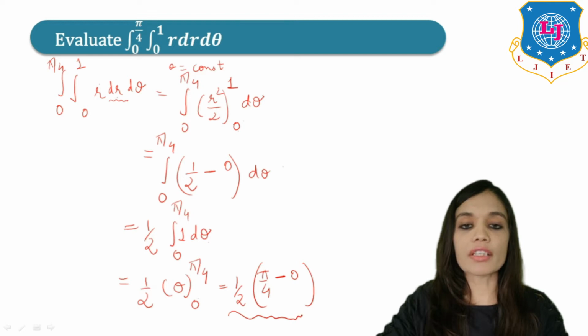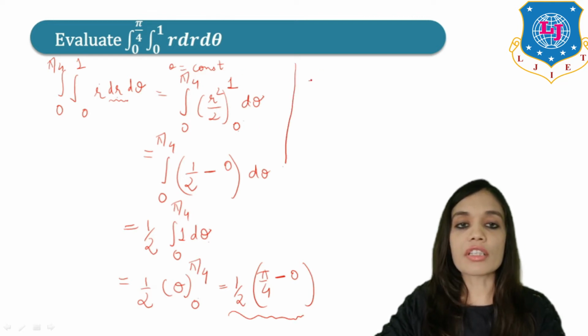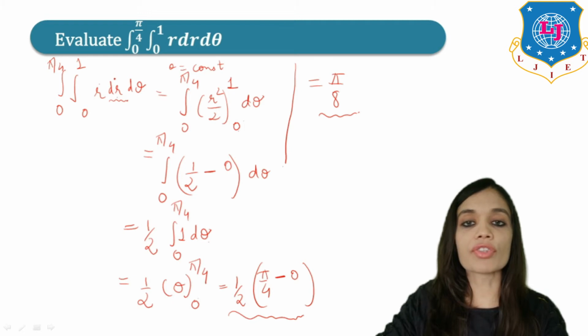Now simplify this. So the final answer of this integration is equal to what? Pi upon 8, right? So what we have done here: firstly we have evaluated with respect to r keeping theta as constant. Then we evaluated the resultant integral with respect to theta and found our final answer.